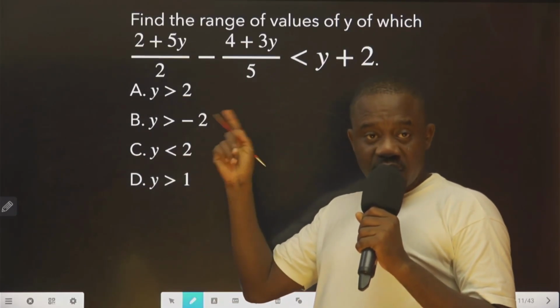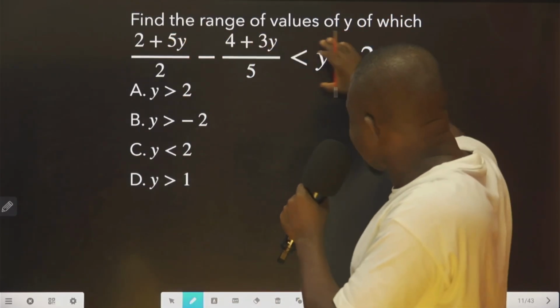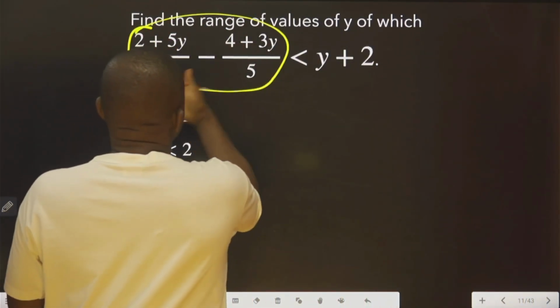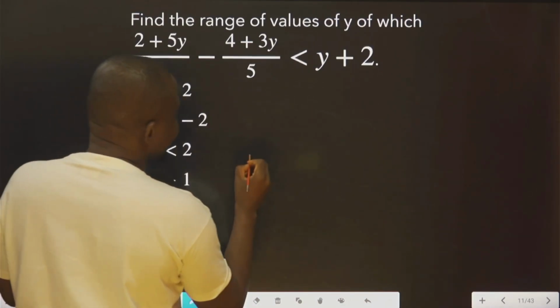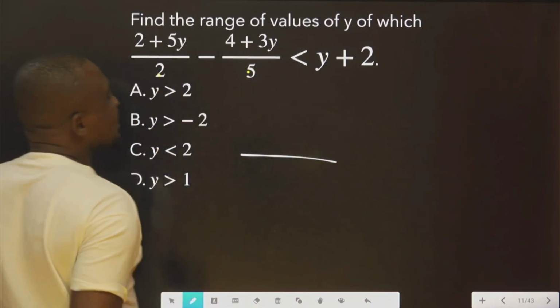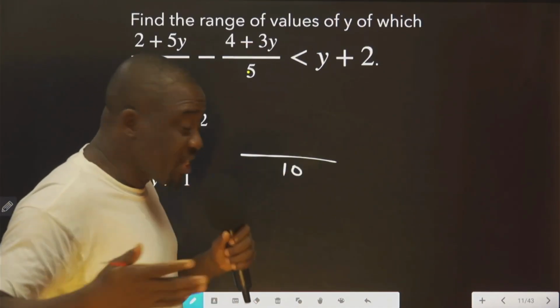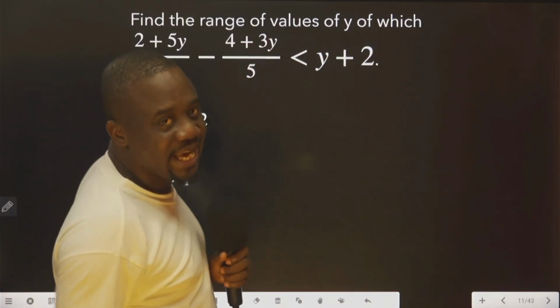Look at this question. Find the range of values of y for which this is less than this. First of all, work on this side. If you work on this left hand side, you agree with me, you need to find the LCM of 2 and 5, which is 10. Instead of wasting your time, since you know that the LCM is 10, multiply throughout by 10.